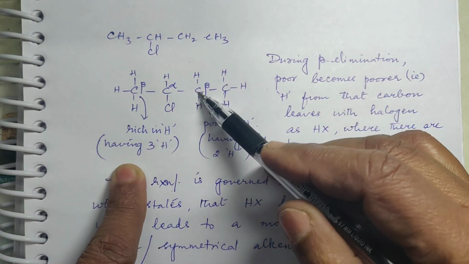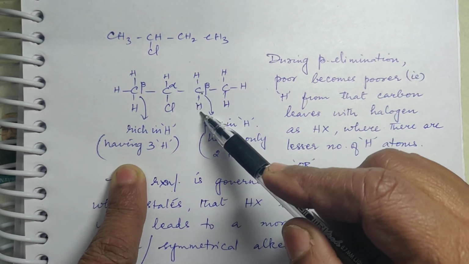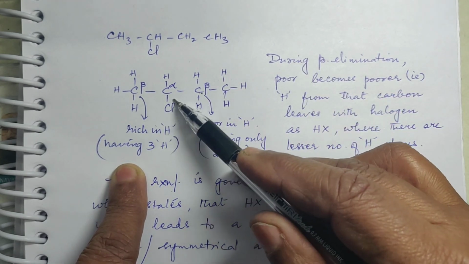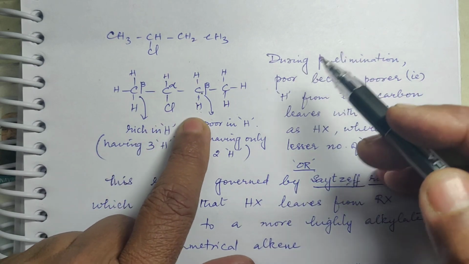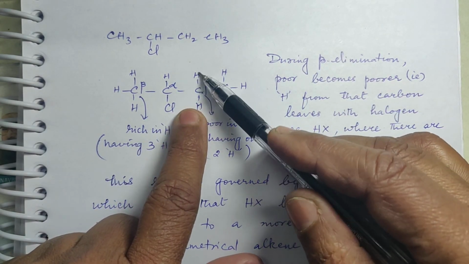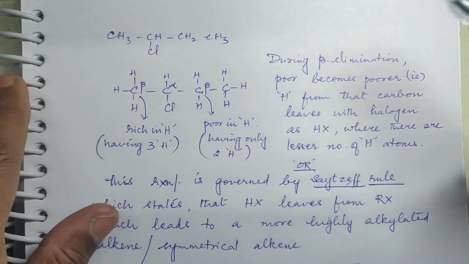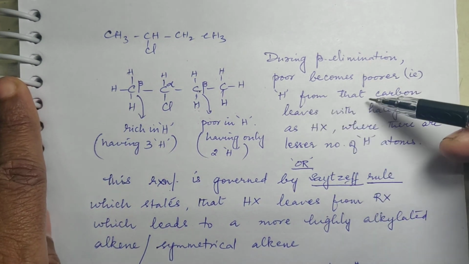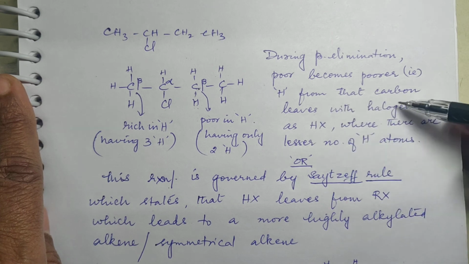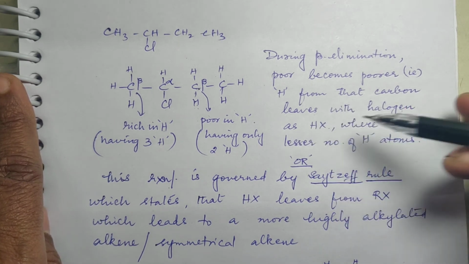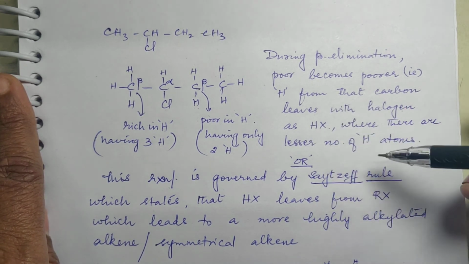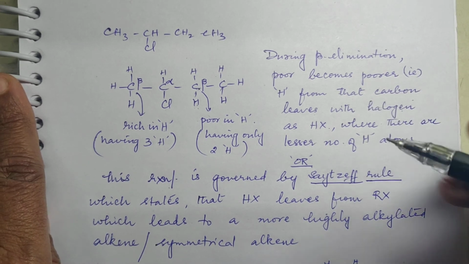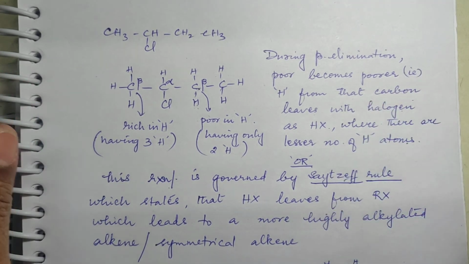This carbon which is already poor with respect to the number of hydrogen atoms will become poorer. That means this is lost. This will go. So now only one hydrogen will be there. Or what you can say, hydrogen from that carbon leaves with halogen as HX, where there are a lesser number of hydrogen atoms. Whichever carbon is holding a lesser number of hydrogen atoms, उसमें से एक और हाइड्रोजन चला जाएगा.